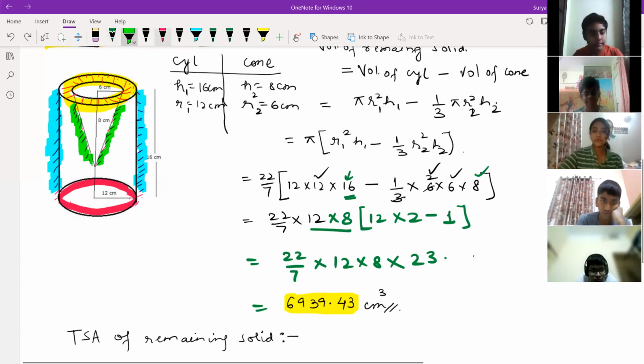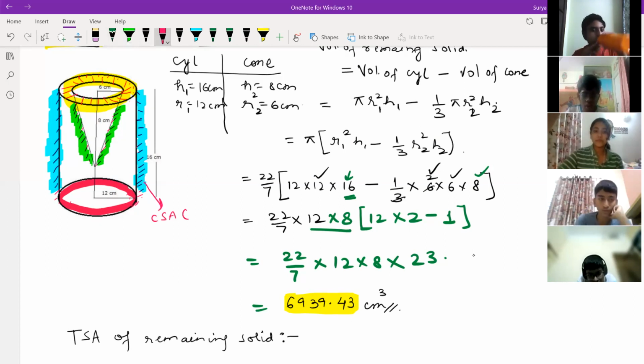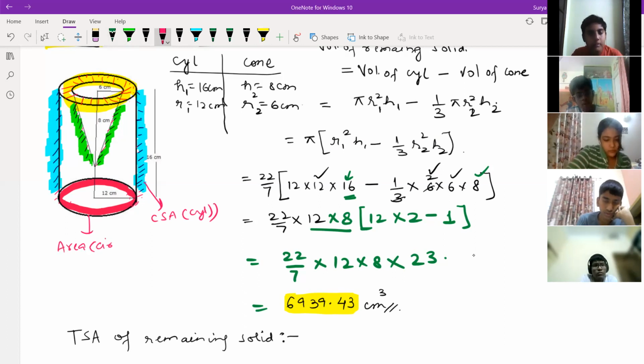Yes, sir. First, I have taken CSA of cylinder. Then this one is area of circle. Then this one is CSA of cone. And this is area of concentric circles. Understood, children?